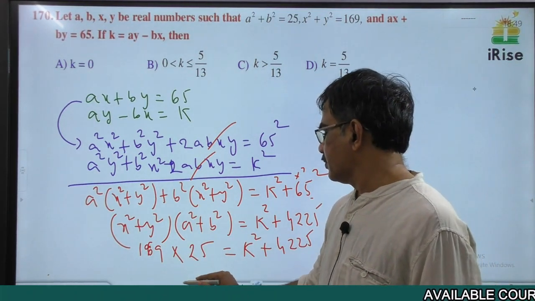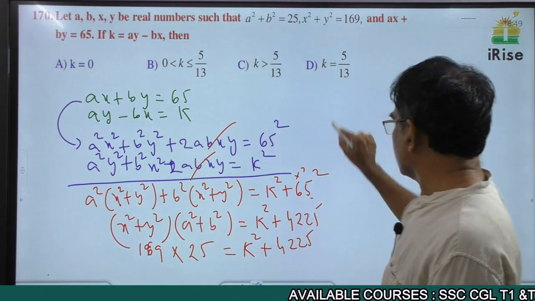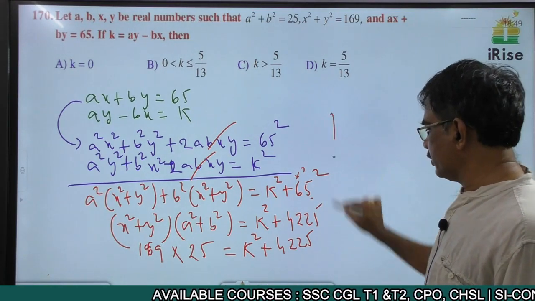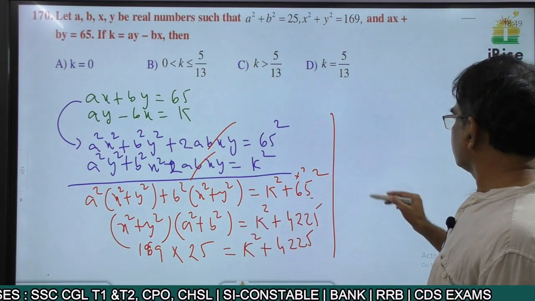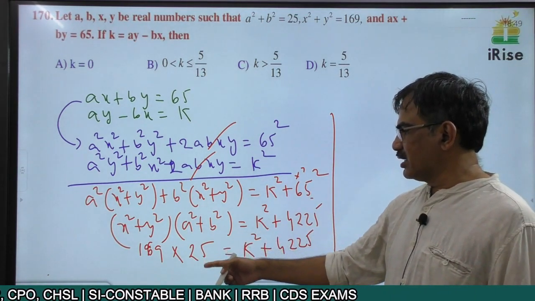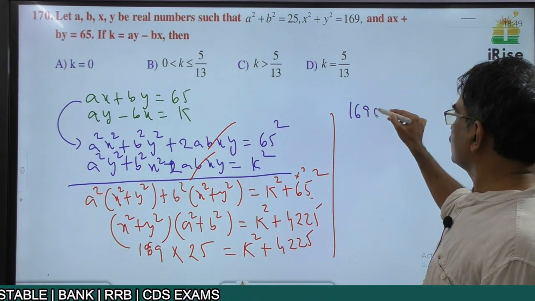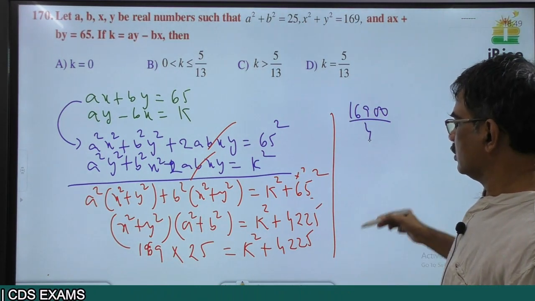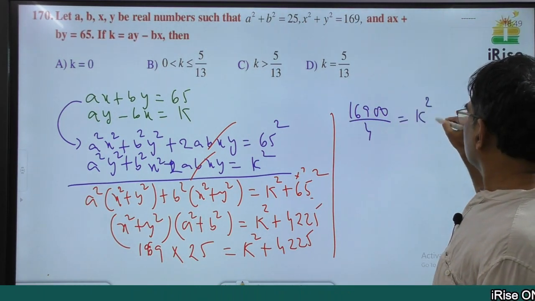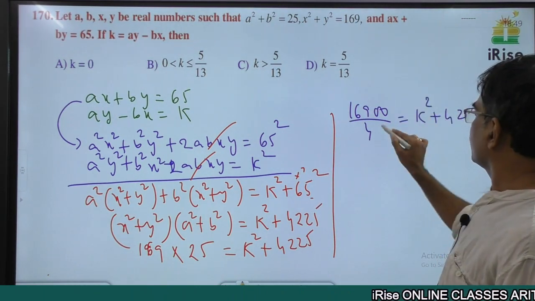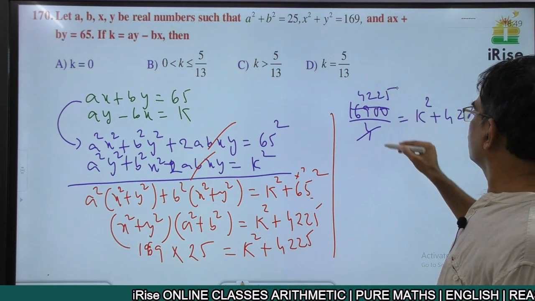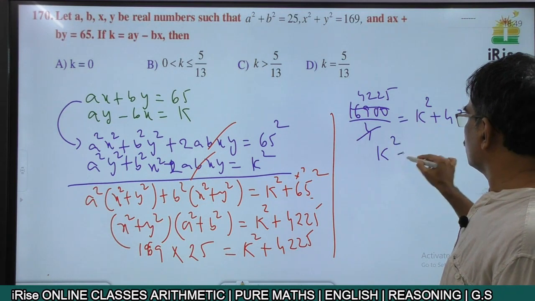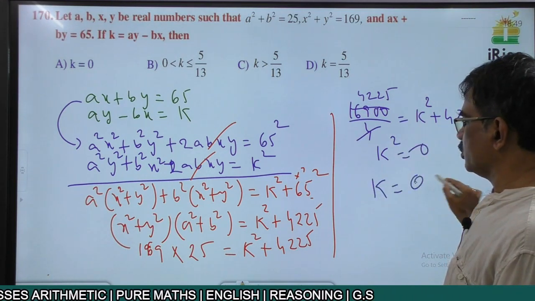Or this can be written as, I want to write a simple way, 25 is nothing but 100 by 4. 16900 by 4 is equal to k square plus 4225. 4 6s are 16, 4 2s are 25. Same. So k square is equal to 0. k is equal to 0.